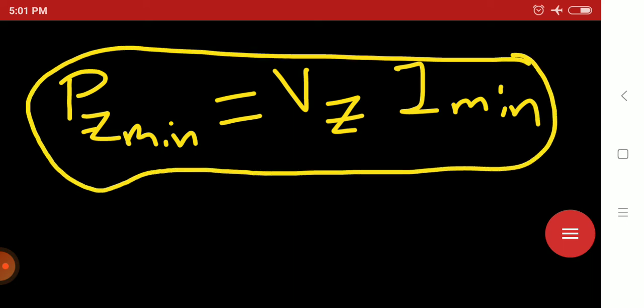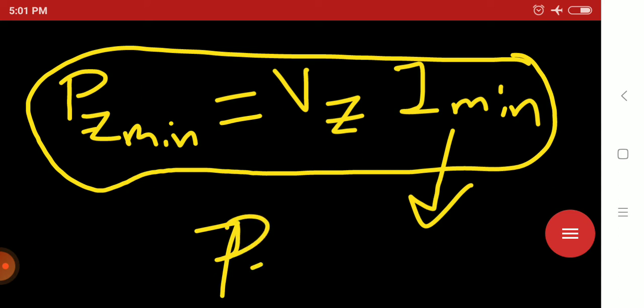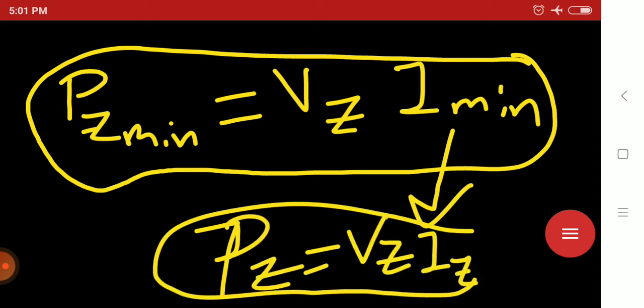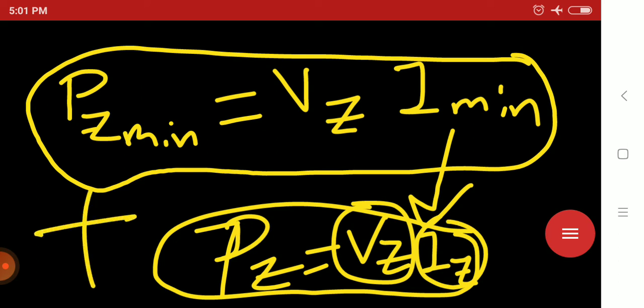The main formula is Pz equals Vz Iz. Now you can regulate this Vz up to a certain limit, and you can regulate Iz also, but you can see from the graph that Iz minimum is nearly 0. So whenever I minimum is nearly 0, Pz is nearly 0 also.